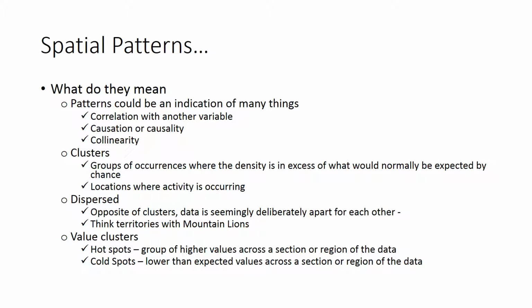In other words, it's not so much about the spatial configuration of the data points as it is that all the points that are near one another have, for example, statistically significantly higher or statistically significantly lower values than what we would expect. And so even if the spatial configuration of the data points would lead one not to assume it is a cluster, it could actually be a cluster in terms of the values.